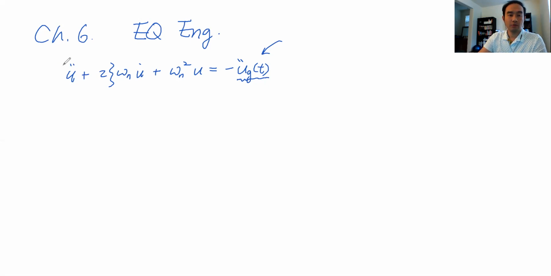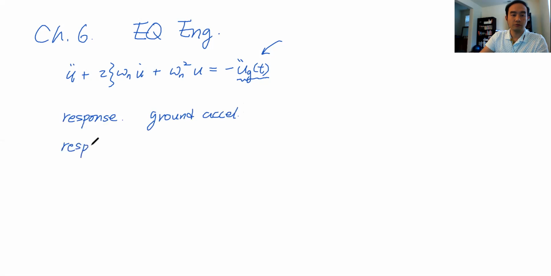And then u, u dot, and u double dot are going to be the displacement, velocity, and acceleration response of our single degree of freedom system. Okay, so in this chapter, we talked about the response, right? And we also talk about the ground acceleration, which is this u double dot g. We talk about the response spectrum.